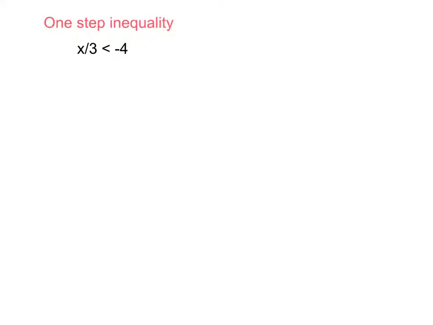The one-step inequality in this slide is x divided by 3 is less than -4. So how you write it is first you would multiply each side by 3, and that should give you -12.